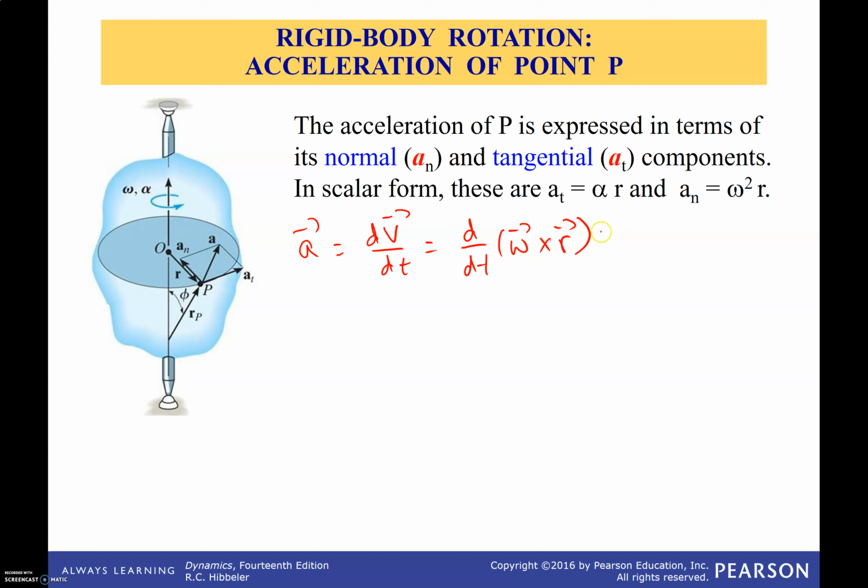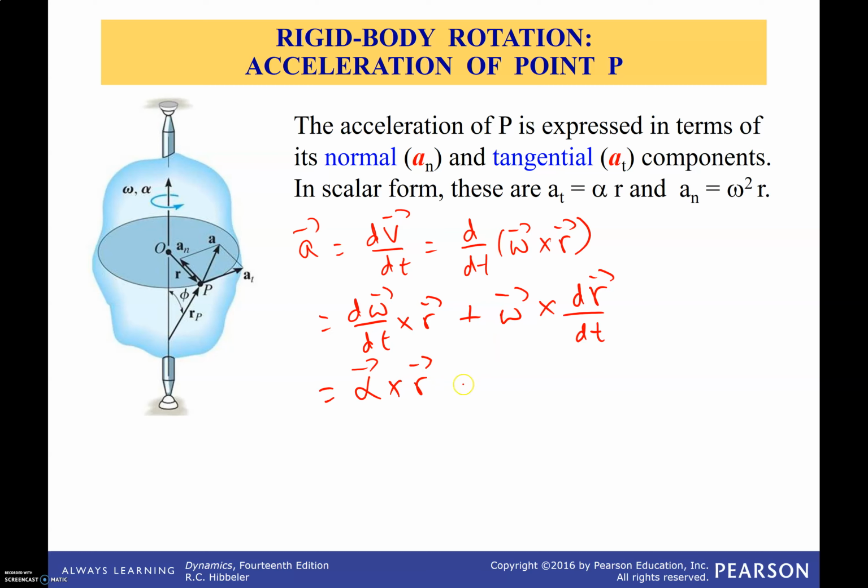Now I can apply the product rule here, and this is d omega dt cross r plus omega cross dr dt. Let's look at this slowly. This is the angular acceleration, so this is alpha cross r.